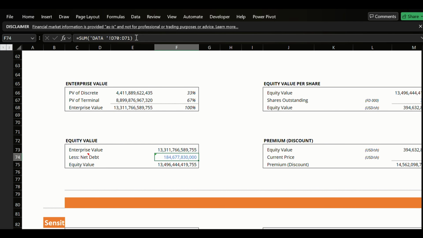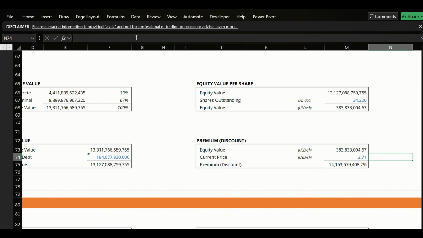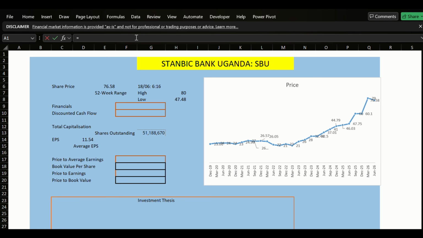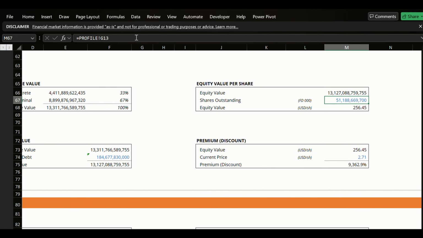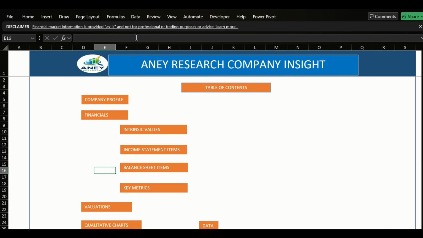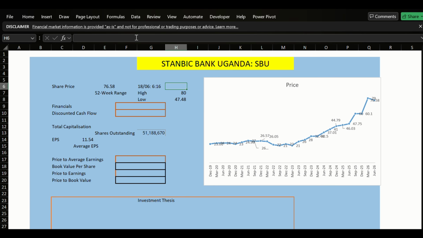So equals minus 16. Shares outstanding are... let's see what to put. 5100. So equity value is 256. Current price is... so I'll have to update this current price.